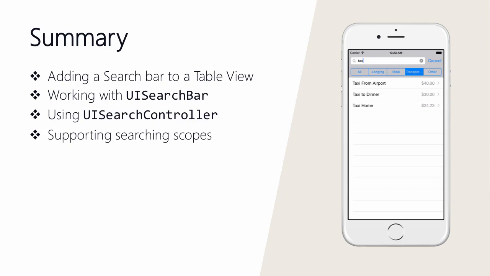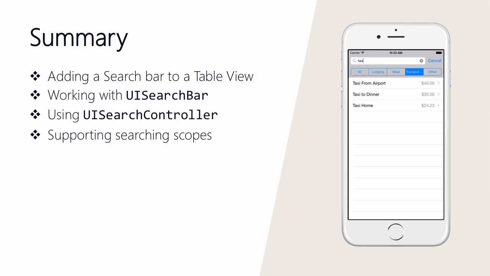So we've looked at several things here in adding a search experience. We first looked at the UISearchBar control itself and some of the properties that you can use to customize it. We then looked at the UISearchController, which moves us up a level and allows us to integrate the search experience into a table view or into our application. And then finally, we looked at how we can control search scopes and provide categories for our search experience.